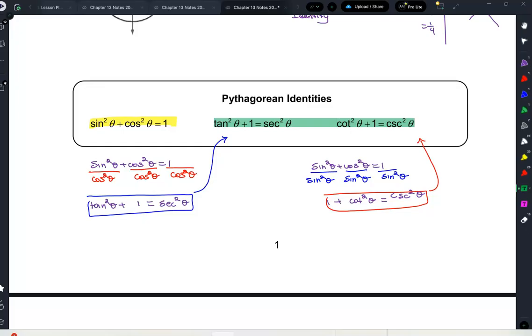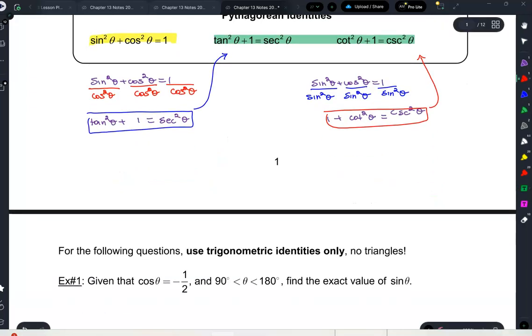Everybody needs to know the first one. You have to know the first one. The other two, it's good to memorize, but you know I don't like memorizing. You can always derive them so you know where the 1 and the squared and everything goes. Okay? If you know where they come from, then you can figure that out. Okay, so these are very important identities.